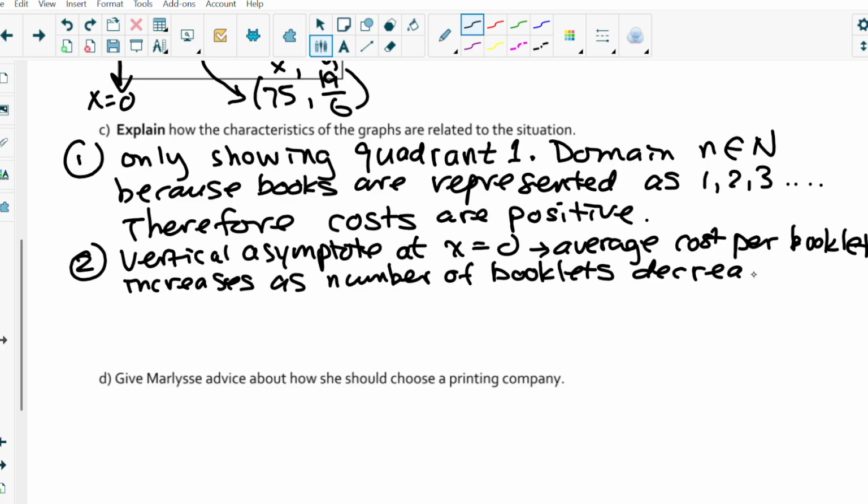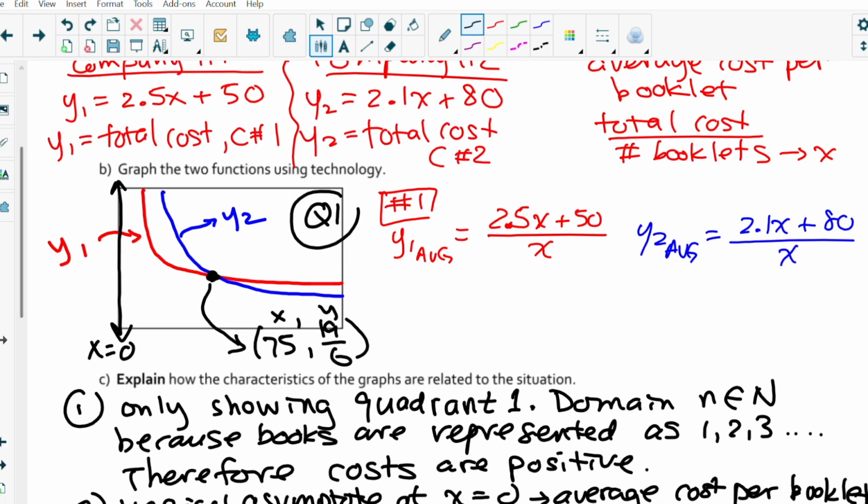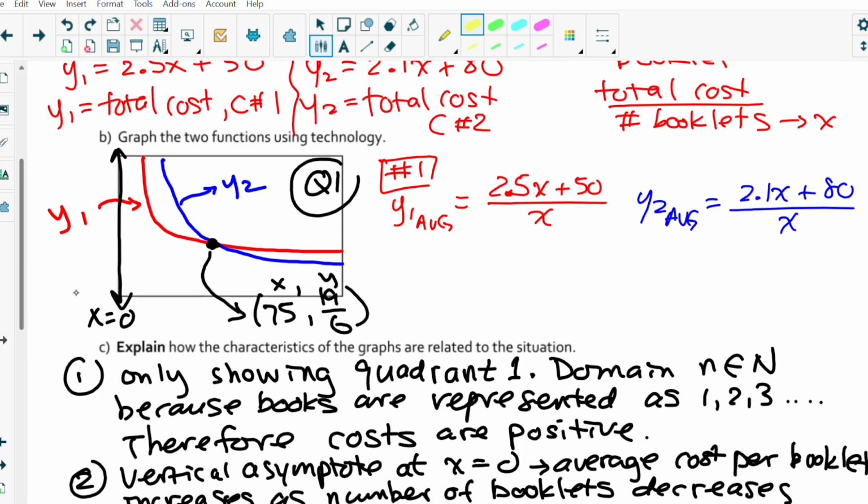Well, this should sound familiar. So as I go this way, number of booklets decreases, the average cost increases. And that makes sense, right? Because of that flat fee that you start with, these two flat fees. What I just described, number of booklets decreases, average cost increases, is your end behavior as x approaches 0. You can think of it that way.